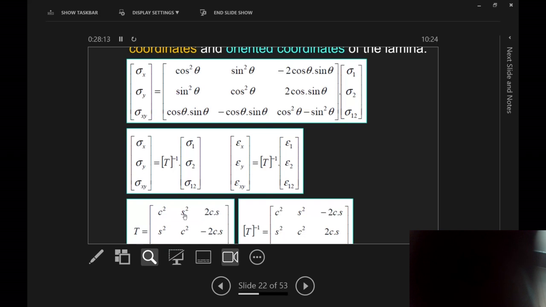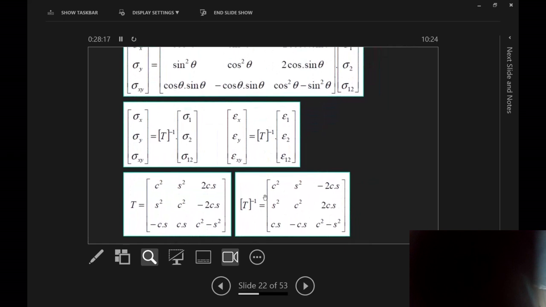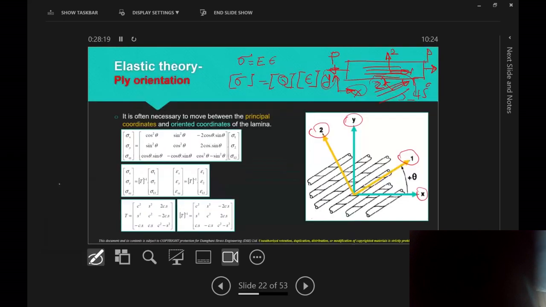So if you pay attention to this one here, this one is essentially that one. Okay? So inverse of T. Therefore, it's written as, you see sigma x. That is here. That's the same. That goes here. And that goes here.